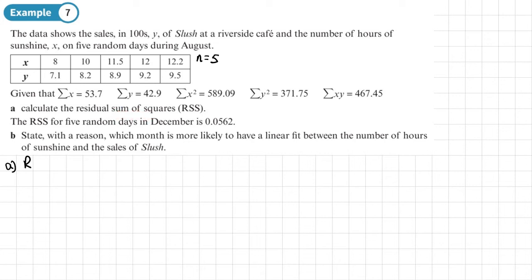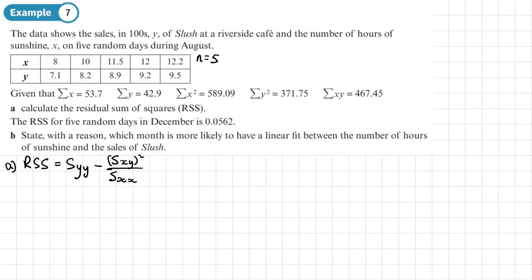So remember, RSS, the residual sum of squares, is equal to SYY minus SXY all squared over SXX. Now remember, this is in the formula book, and in the formula book as well is how you work out these summary statistics as well.